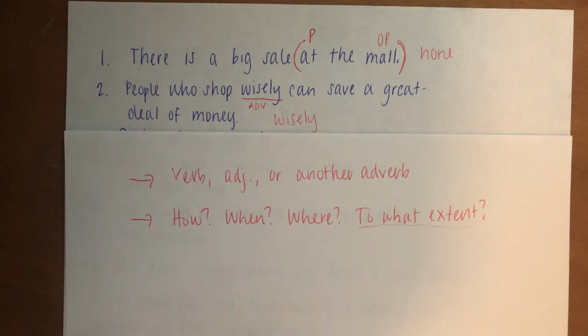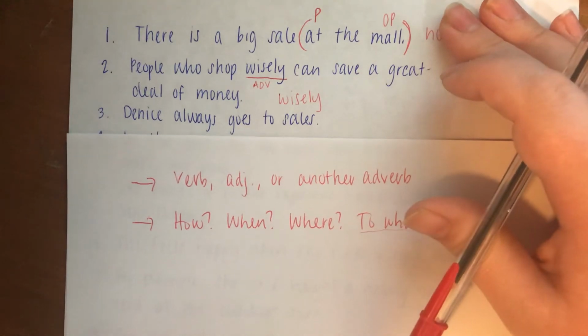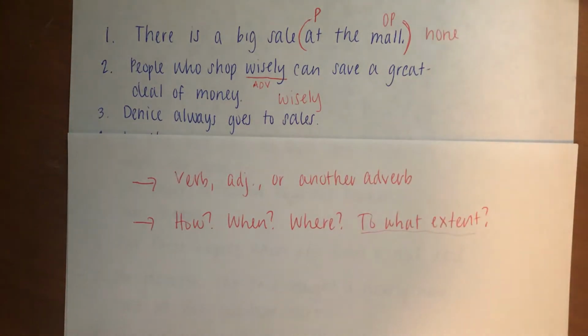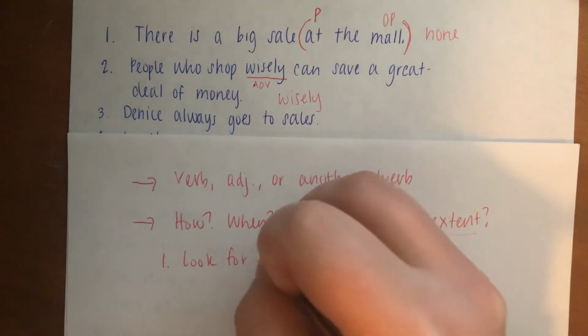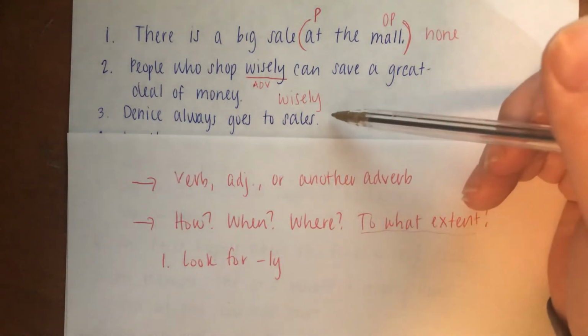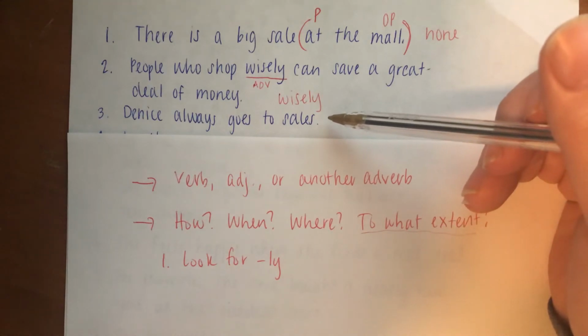Number 3. All right, Denise always goes to the sales. First thing we're going to do, look for that ly word. There are no words that end in ly in the sentence. Denise always goes to sales. So the second thing we need to do is look for our verb.